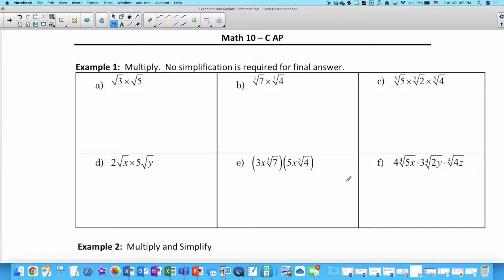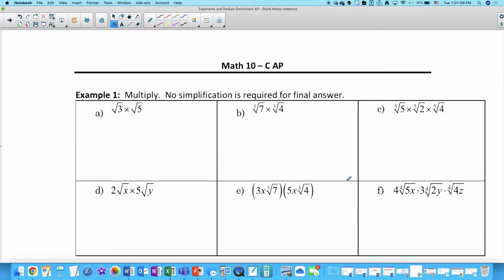If the index is not the same, you cannot. You can't do this: if you have the square root of 2 times the cube root of 2, or even the cube root of 5 or whatever, can't do anything here. Can't simplify further.